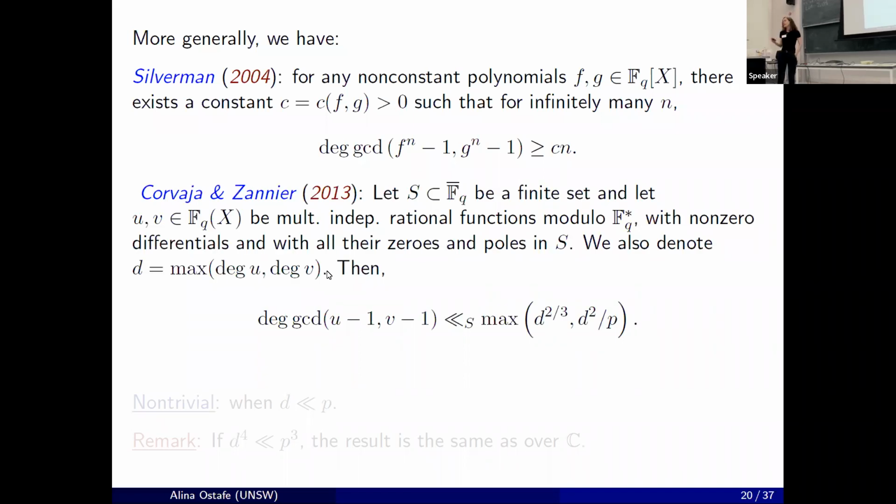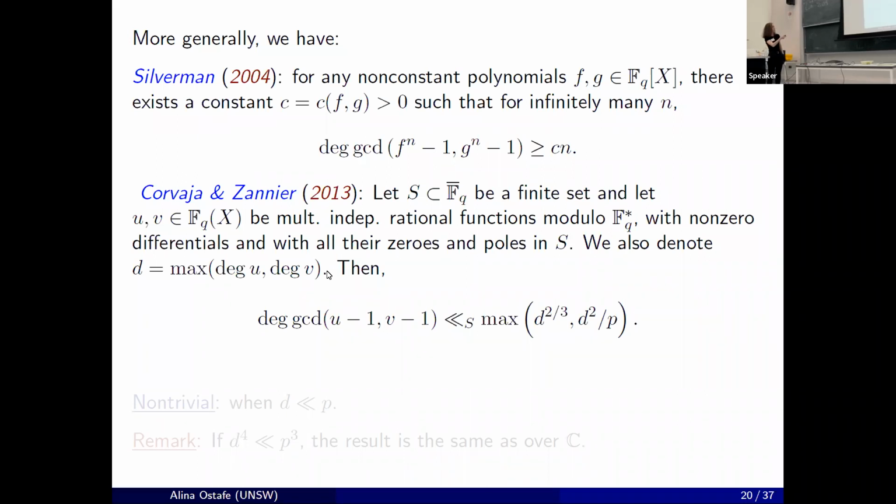And Corvaja and Zannier, again, consider the S-unit case. So let S be a finite set and U, V be multiplicatively independent rational functions, modulo constants, with non-zero differentials and with all the zeros and poles in S. And let D be the maximum of the degrees of U and V. And they show that actually a similar result as in characteristic 0 holds for small degree compared to the characteristic.